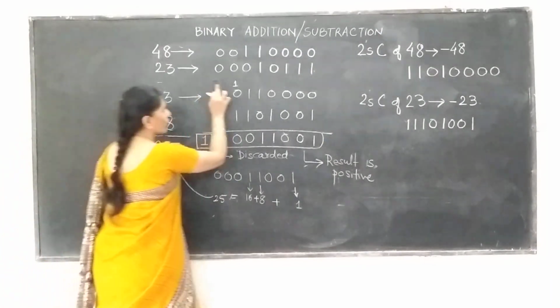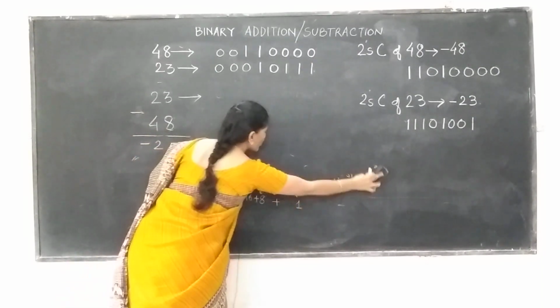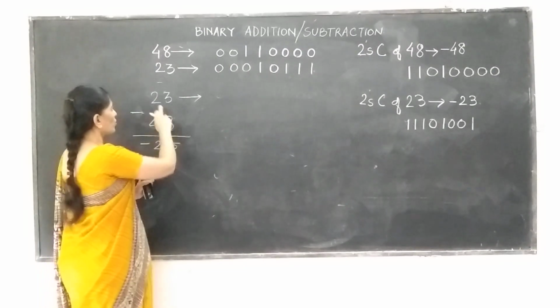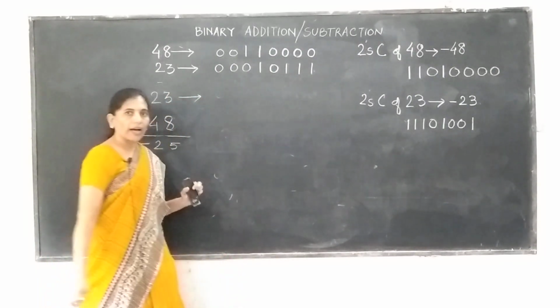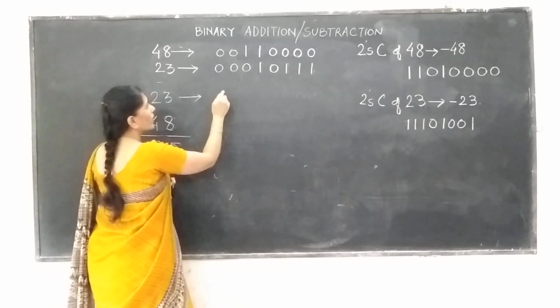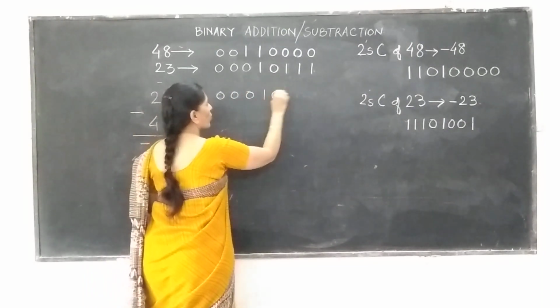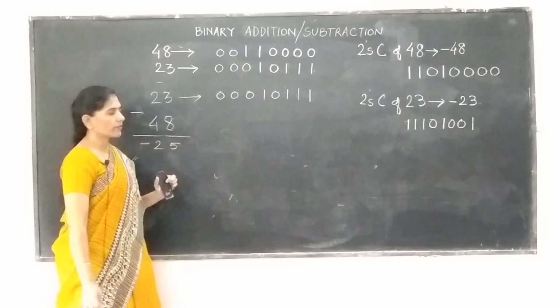So let us write the binary representations for these two numbers. Now 23 is positive, so it is to be taken as its binary representation. So here it is 0 0 0 1 0 1 1 1, which is plus 23.